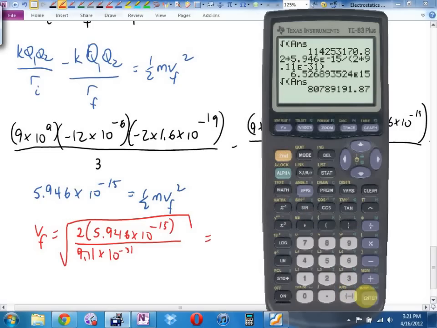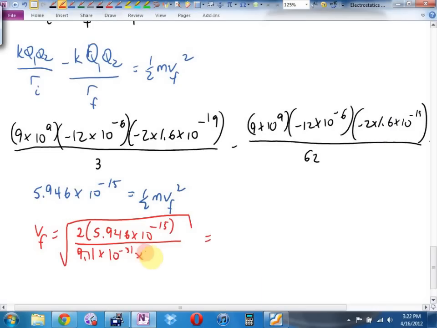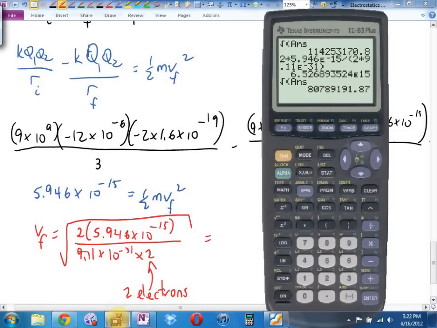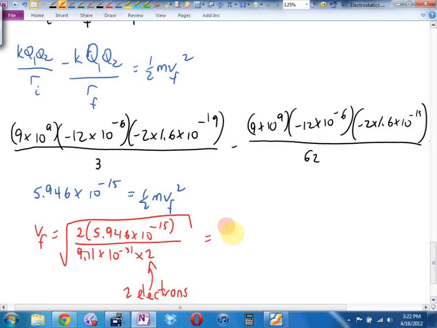Hey, that looks better. Let me include that times 2 electrons. And we get 8.08 times 10 to the 7th meters per second.